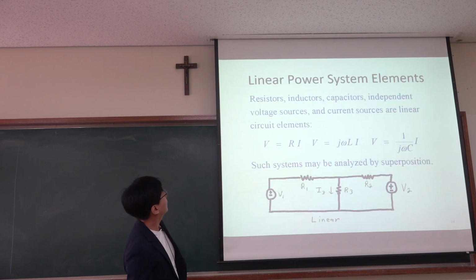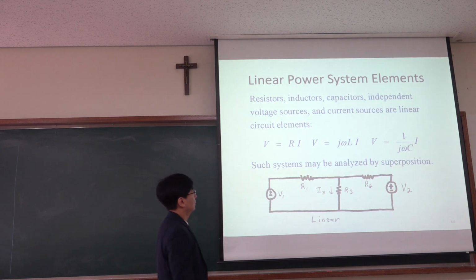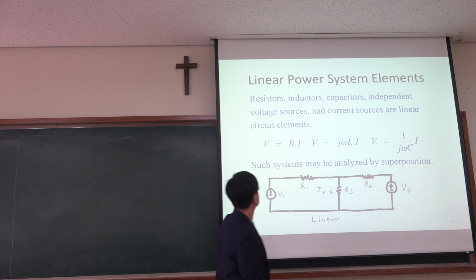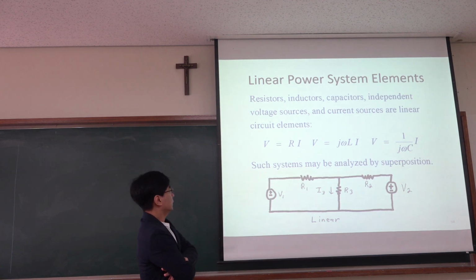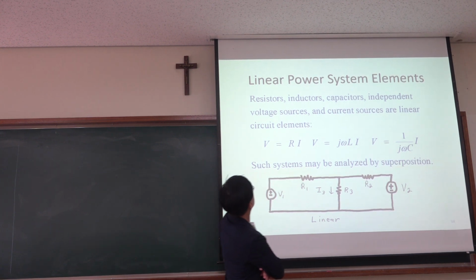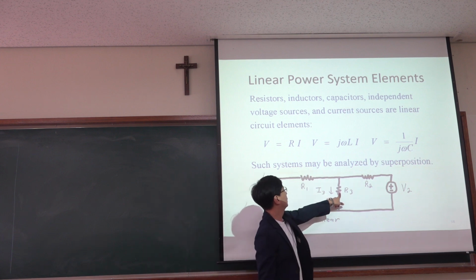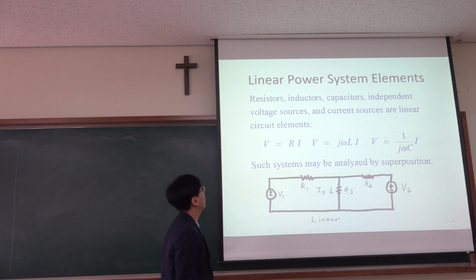Anyway, let's look at some example. This is a linear power system model where we have only passive elements, resistance only. So we have two voltage sources, and here we want to compute the current at the resistor R3.